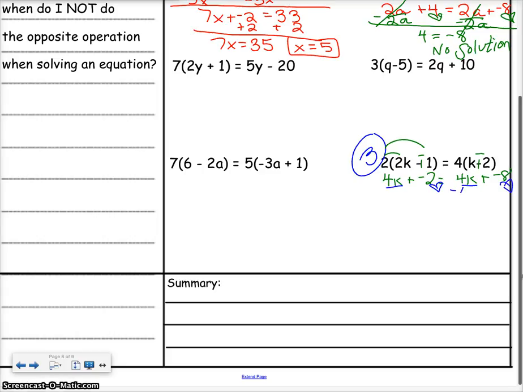But if you don't visualize that, you can solve as you normally would. 4k, take away 4k is nothing. You get negative 2 equals negative 8. That is a false statement, so that would be another no solution. That's how the examples I'll work through with you.